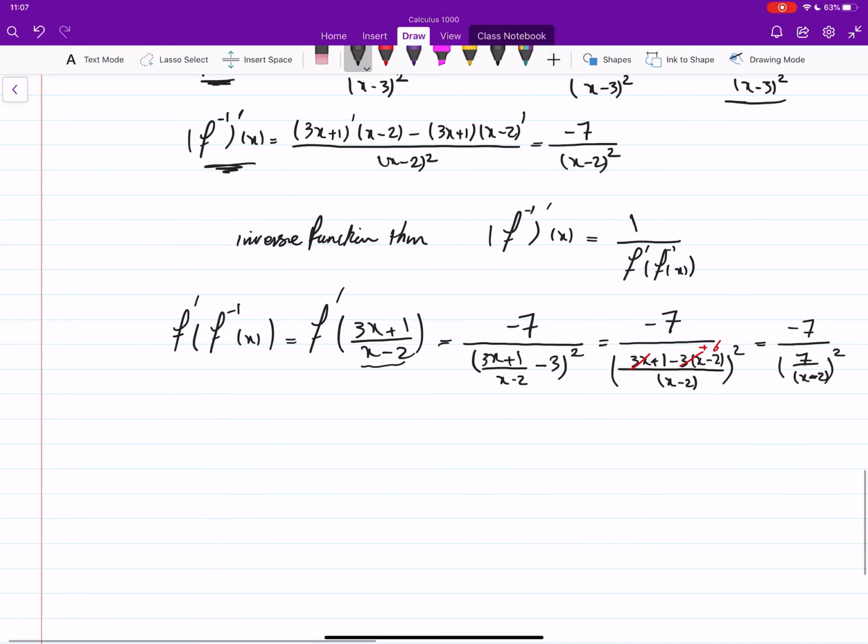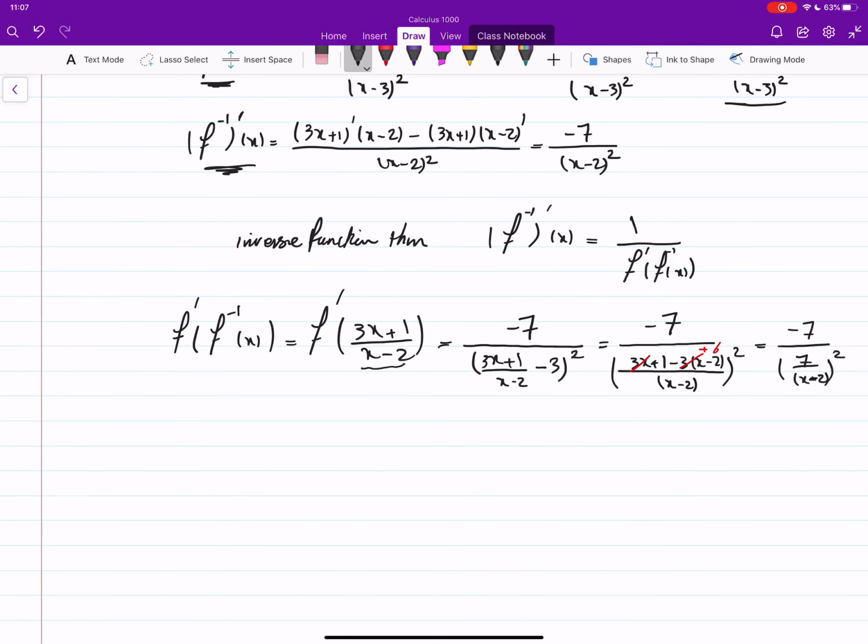That will be negative 7 squared over x minus 2 squared, and one of these 7s cancels.